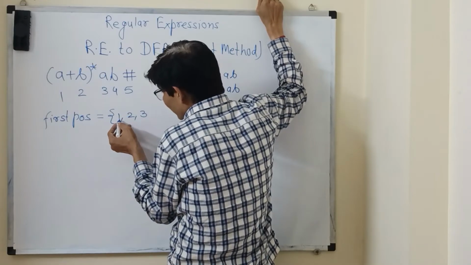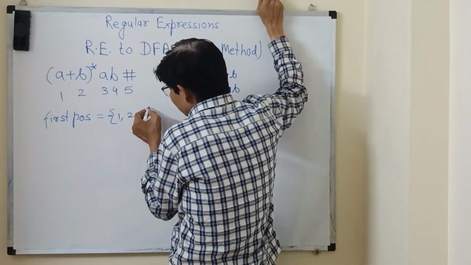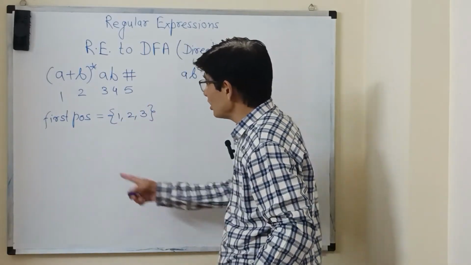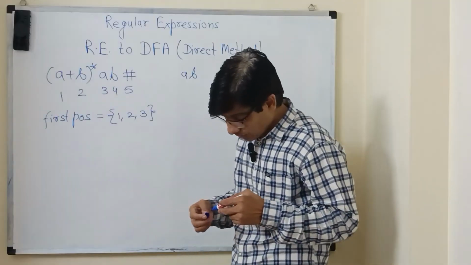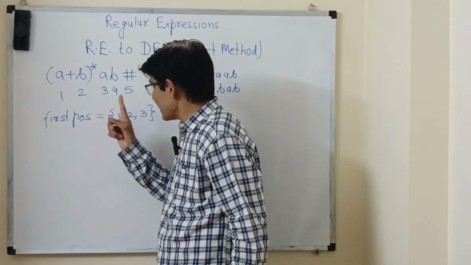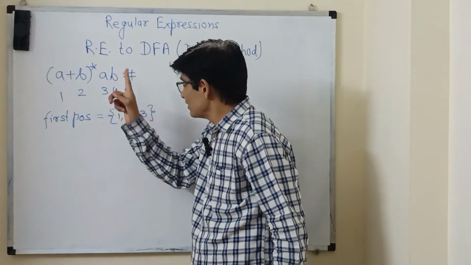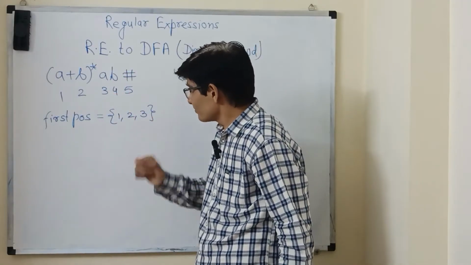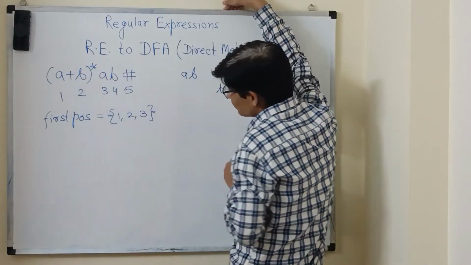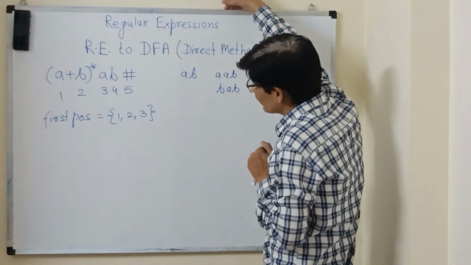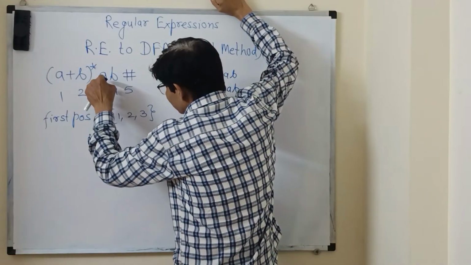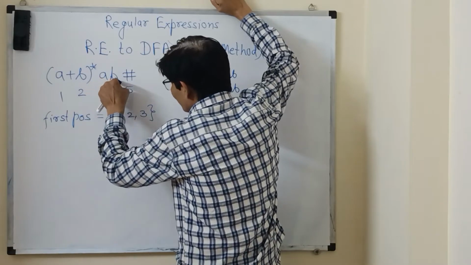So only 1, 2 and 3 can appear at the first position in all possible strings of this regular expression. Now you may have a question: why have we not included 4? You can see, my friend, this ab is a compulsory string, and if this is compulsory, then this a will always be there before b.